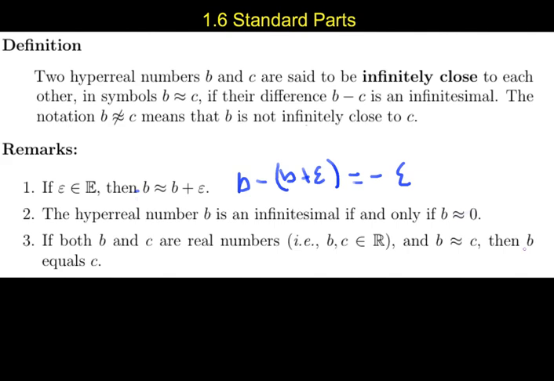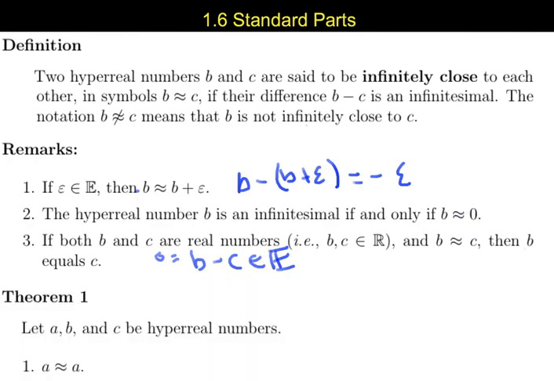Because that means their difference is an infinitesimal, but their difference is also a real number. And the only real infinitesimal is 0. So if they're infinitely close and they're real numbers, then their difference must be 0, which means that they're equal to each other.